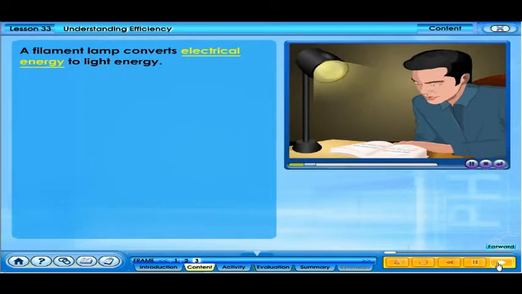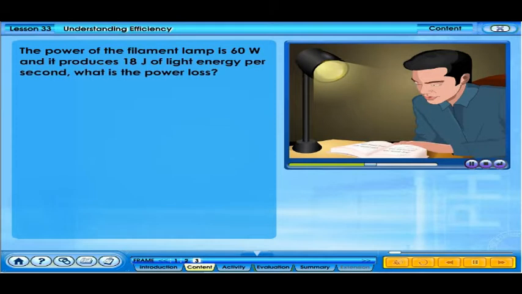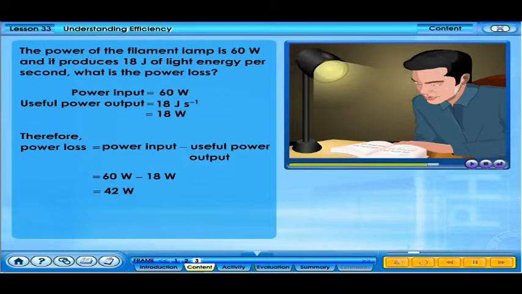A filament lamp converts electrical energy to light energy. The power of the filament lamp is 60 watts, and it produces 18 joules of light energy per second. What is the power lost in the process of conversion of energy? Power input equals 60 watts.